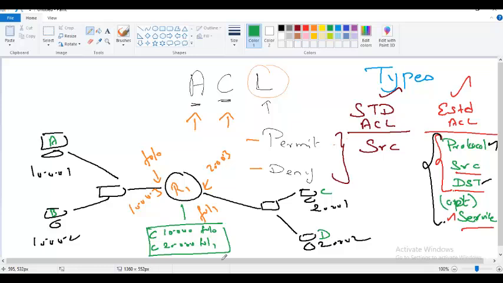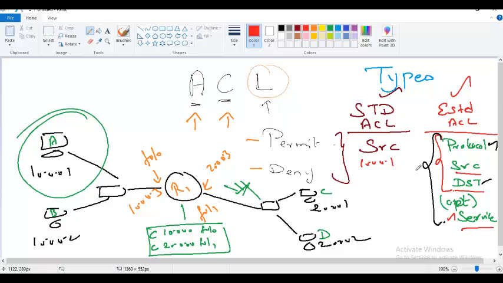But I do not want this particular computer talking to anyone on the right. I don't want the traffic with a source address 10.0.0.1. I don't want this traffic coming from 10.0.0.1 talking to C or D.